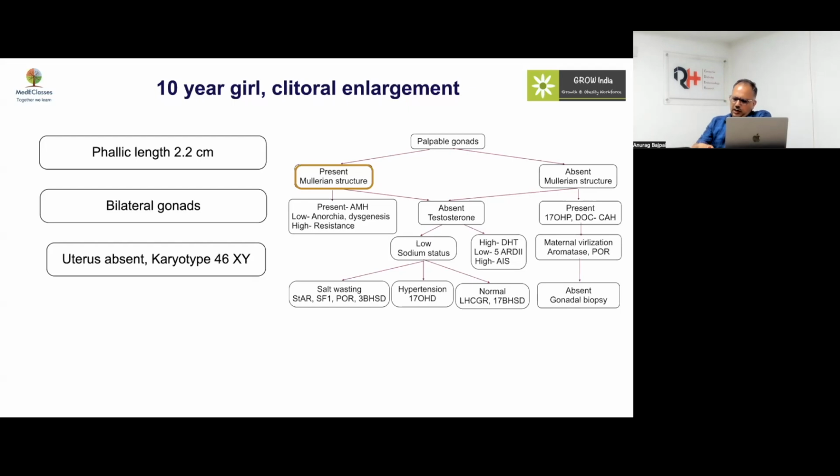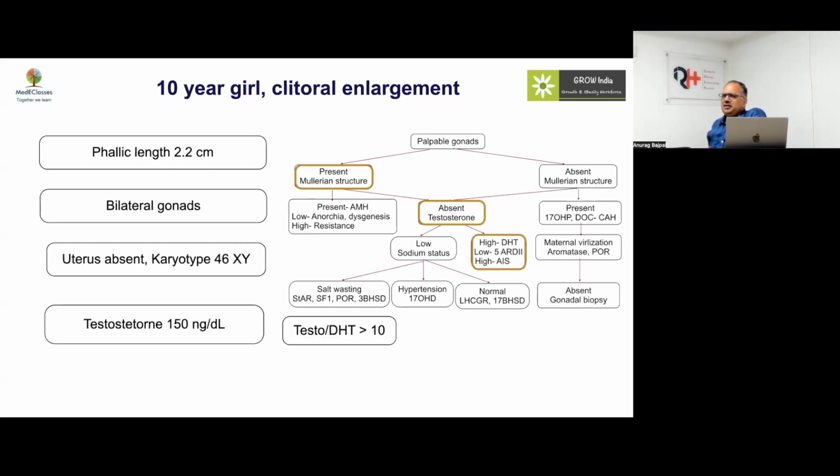Yes. So I think the estimation of testosterone would be the first thing which will give you a clue. And you found that the testosterone level is on the higher side, but it is not getting converted into dihydrotestosterone, indicating a diagnosis of 5-alpha reductase deficiency.